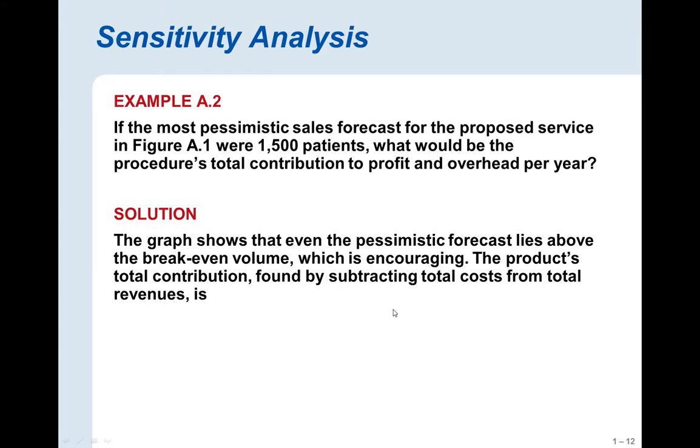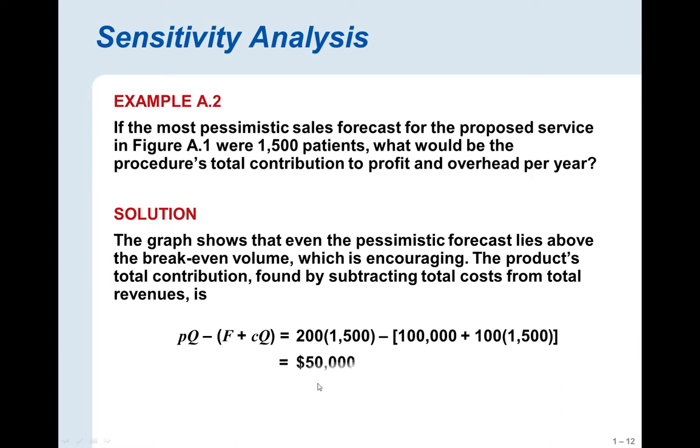So these are examples of how to find contribution. When you have 15,000 patients, you take revenue minus total cost and you will get the total contribution or the profit.